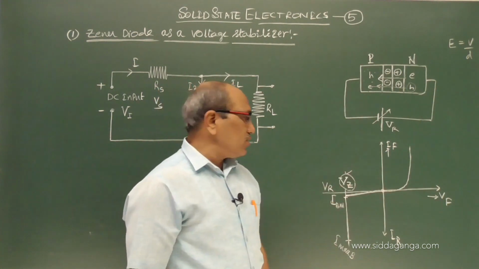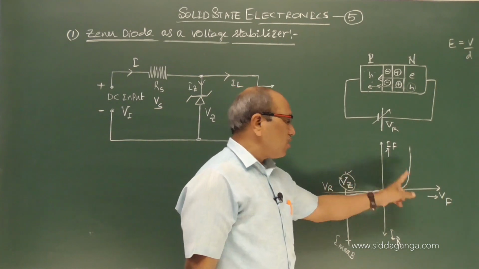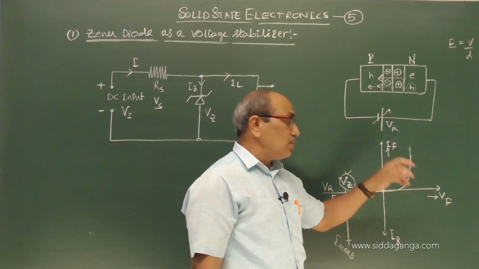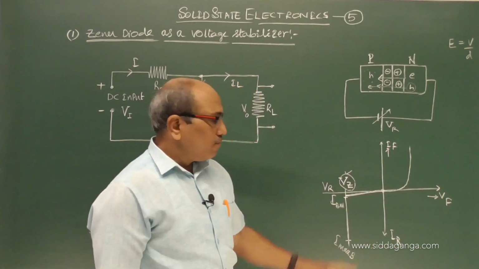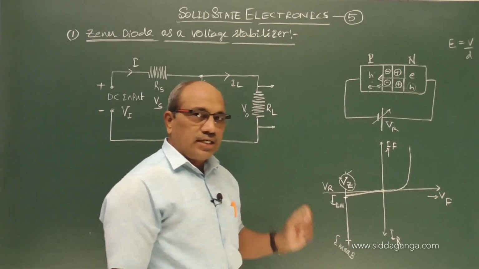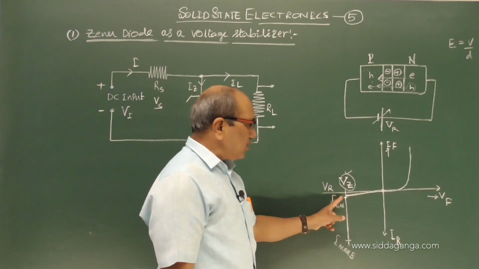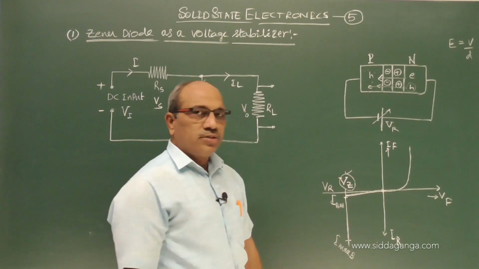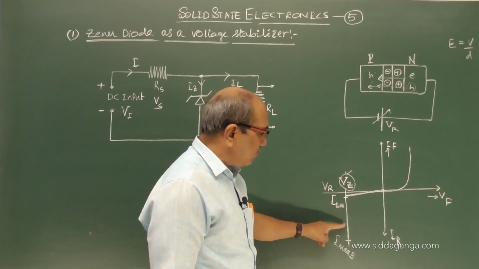Diffusion current minimizes, and forward current or forward characteristic is similar to that of a normal diode, but reverse bias characteristic is entirely different. At a particular voltage called Zener voltage, it starts conducting heavily.